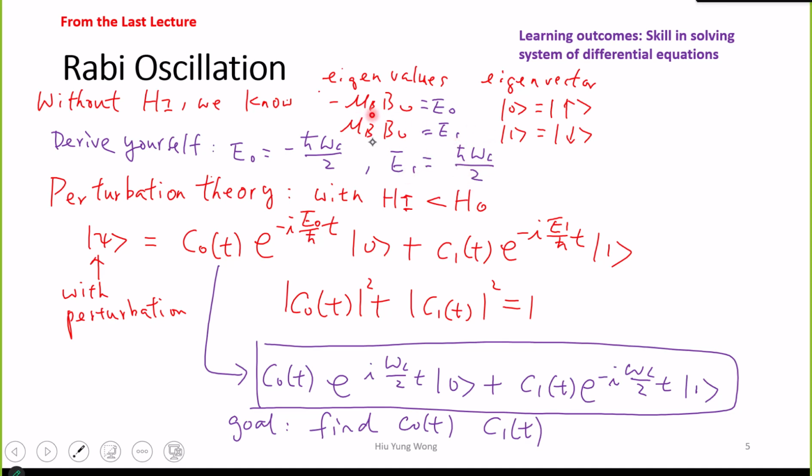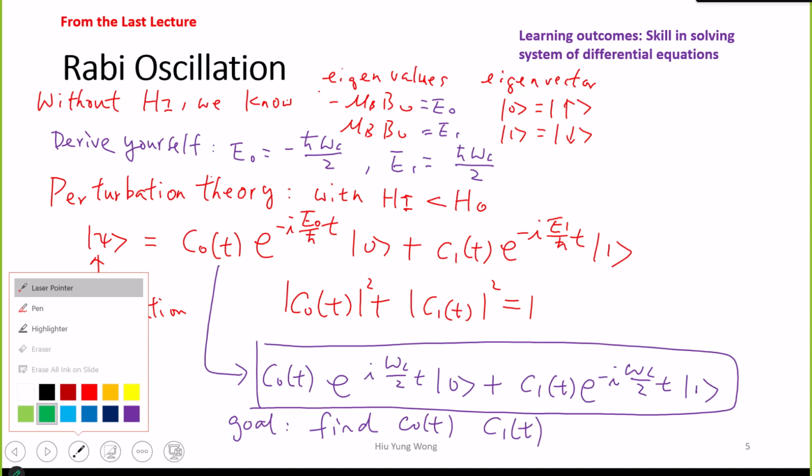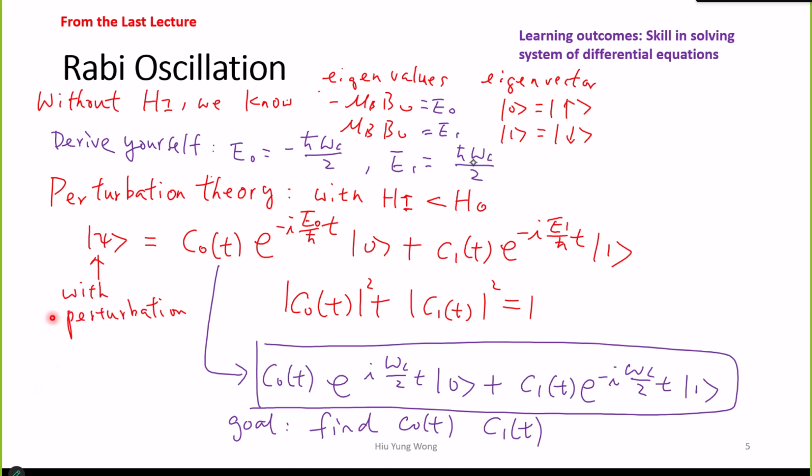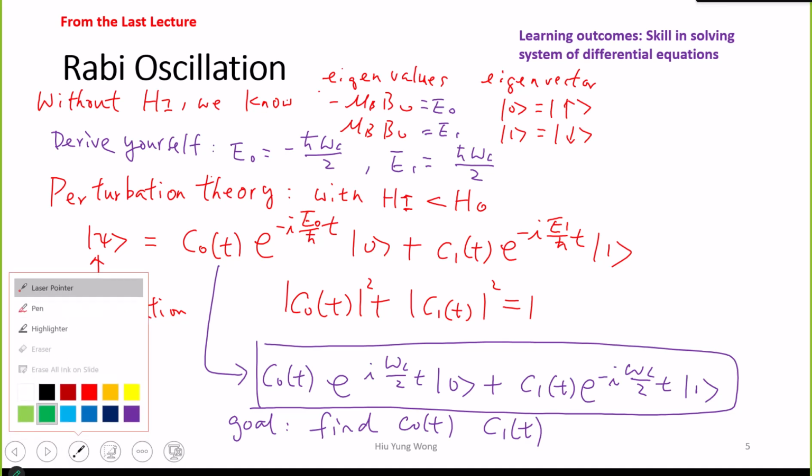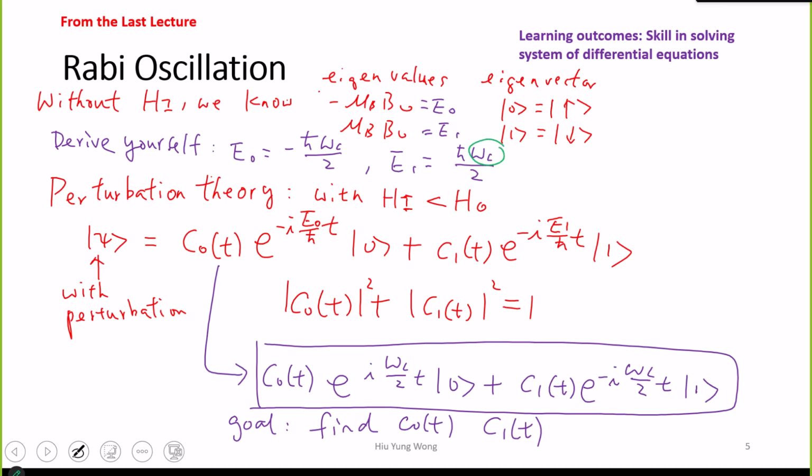One is mu B, B0, where mu B is the Bohr magneton, or it can be written as negative ħ omega L divided by 2. This is omega L. Sorry for my writing. Do you remember what is the name for omega L?